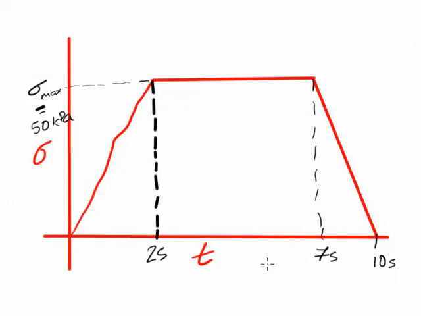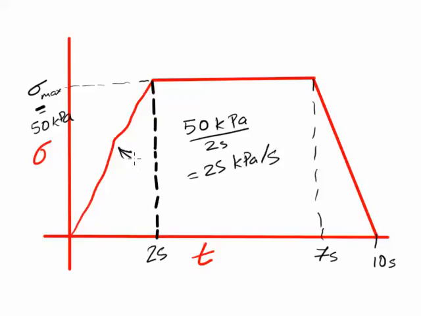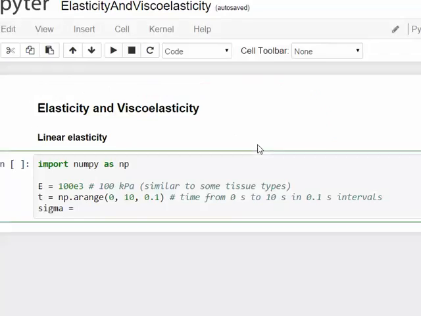So the slope of this curve is 50 kilopascals divided by 2 seconds, so we're increasing the stress. 50 kilopascals divided by 2 seconds is equal to 25 kilopascals per second. So this is the rate of change of stress.